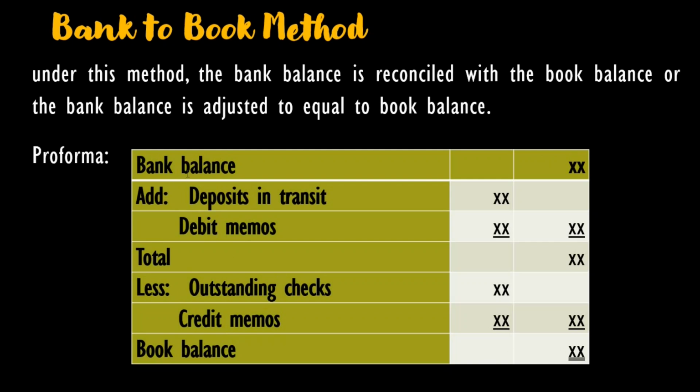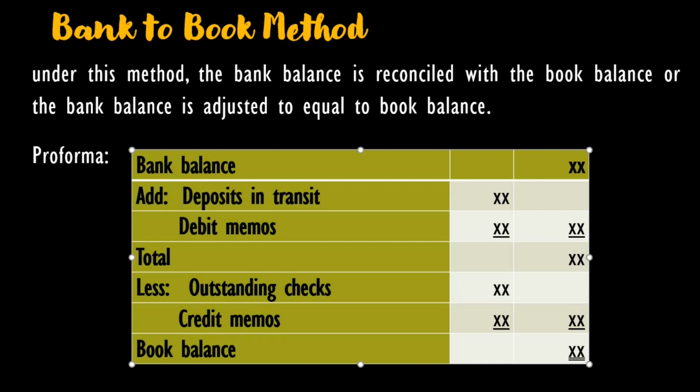So the same lang gihapon class. So what we're going to do is lahat ng mga bank reconciling items, ang treatment natin ay the same sa adjusted balance method. Say for example, your deposit in transit, di ba that's a bank reconciling item, it will still be treated as an addition. Addition lang gihapon na siya.